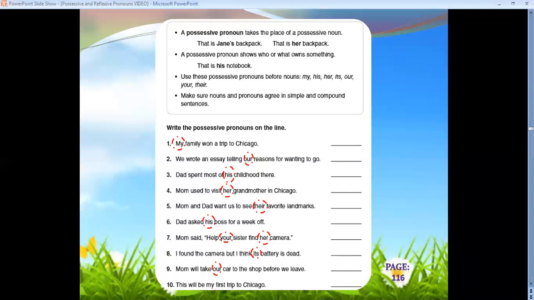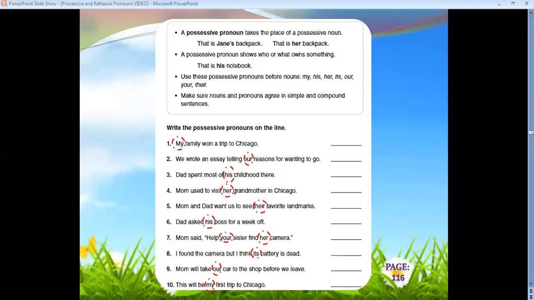Let me convince you guys. Didn't we say that here they asked us to write the possessive pronouns on the lines, right? But let me tell you something. Didn't we say that we have possessive adjectives and we have possessive pronouns? To differentiate between them, we said that after possessive adjectives we have to use what? Nouns.